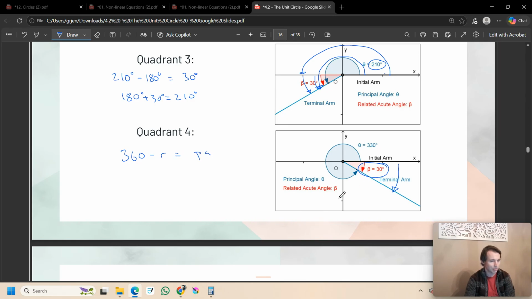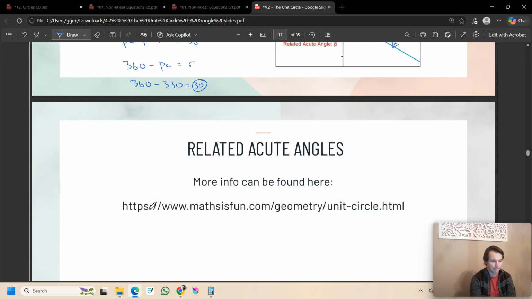The principal angle plus the related acute angle should equal 360, which is to say 360 minus the principal angle gives us the related angle. In this case, 360 minus 330 equals 30 degrees. Let's keep going.